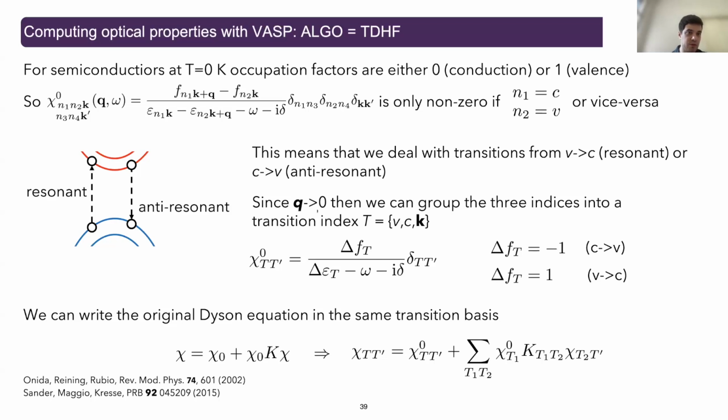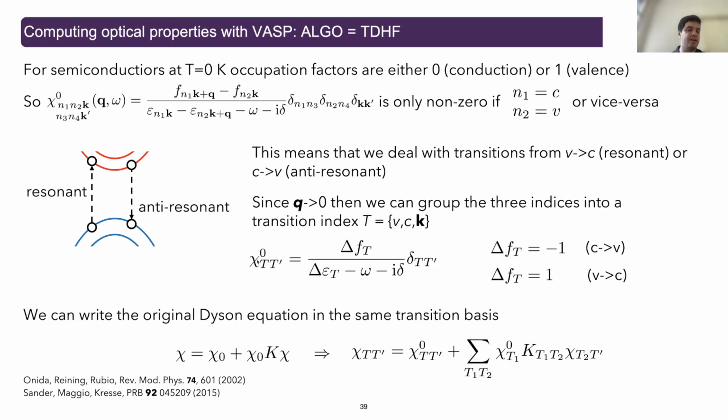And since Q is set in the limit of going to 0, we can group the three indices into a transition index, which we call T, and will be responsible for dealing with transitions from a valence to a conduction state at a specific K point, or from a conduction to a valence state at a specific K point.